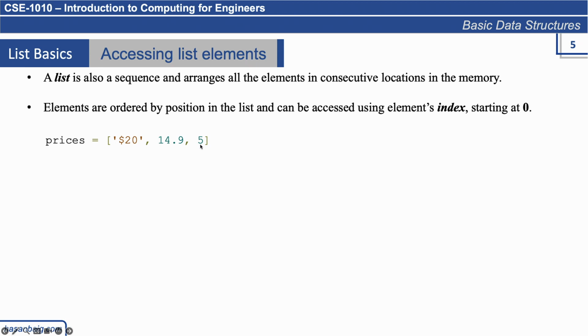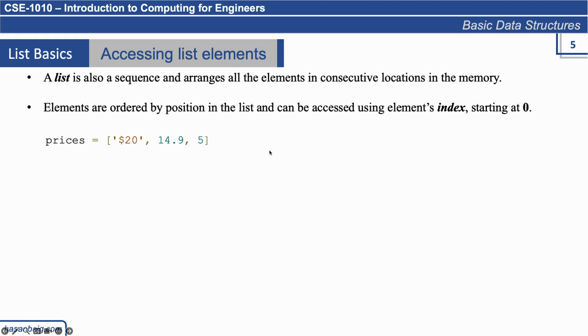If I have to access any particular element in this list, the first element is always at the 0th index. So the index of the first element is 0, the index of the second element is 1, the index of the third element is 2, and so on and so forth.